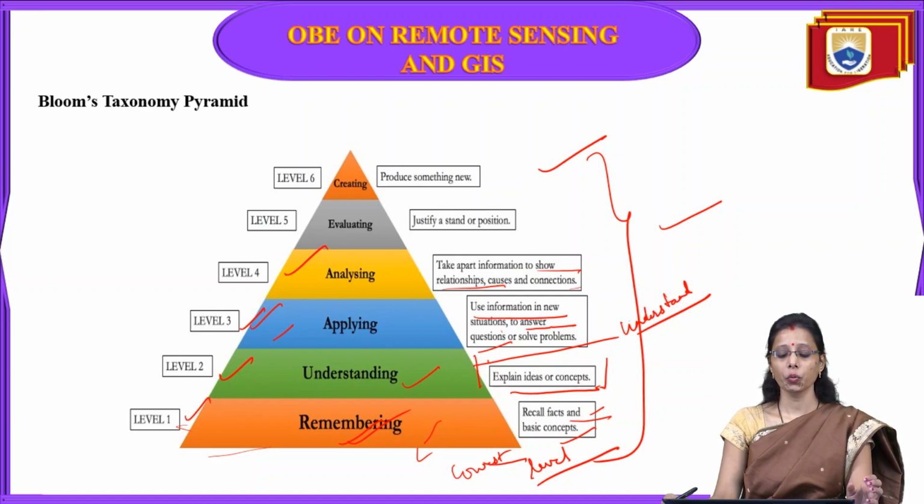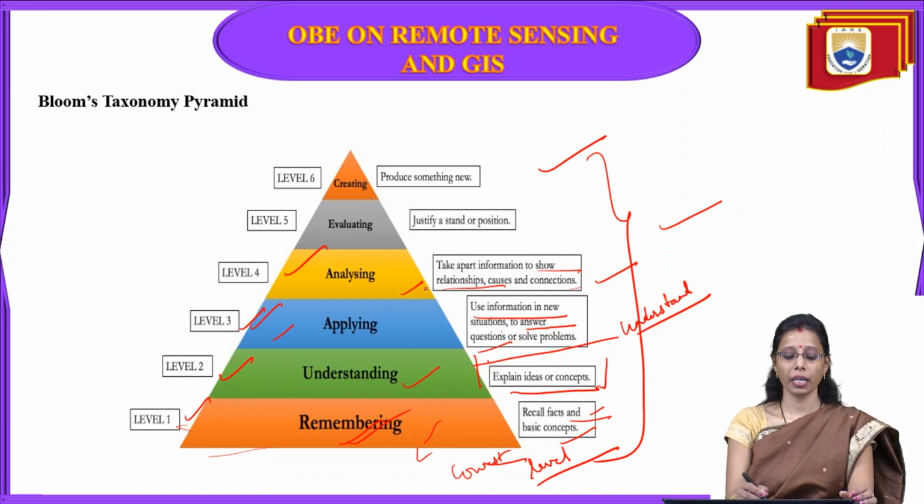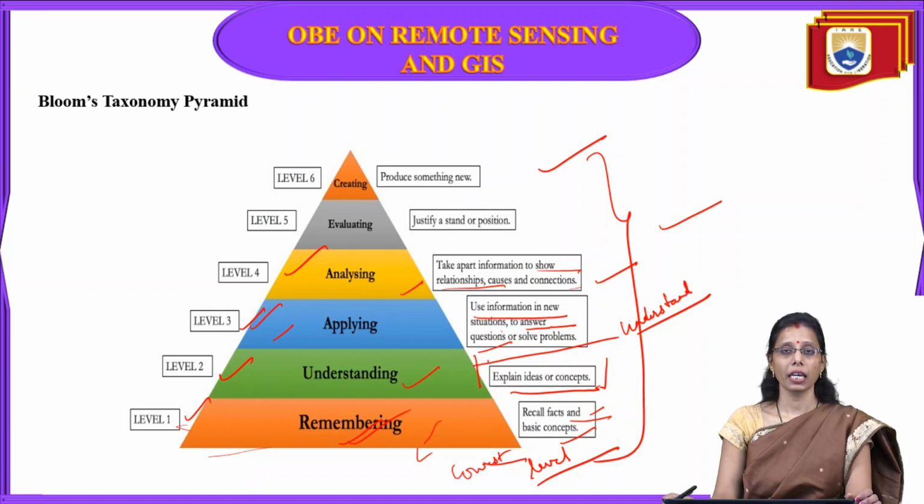They should be able to find the cause and the connections between the first situation and the other situation, and then try to solve the problem. So level 4, analyzing, is like comparing things. How was the previous issue and how is the current issue? You have to compare and analyze. This type of question will be at the Bloom's taxonomy level of analyzing.